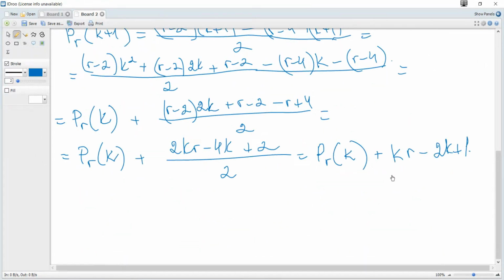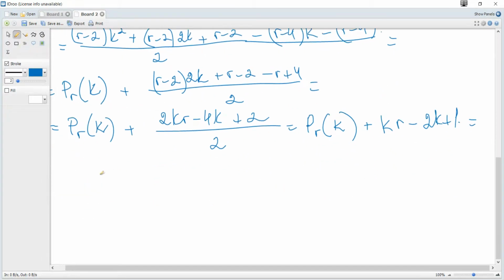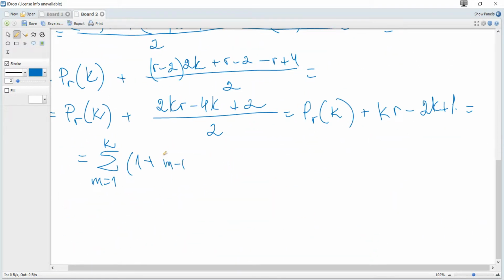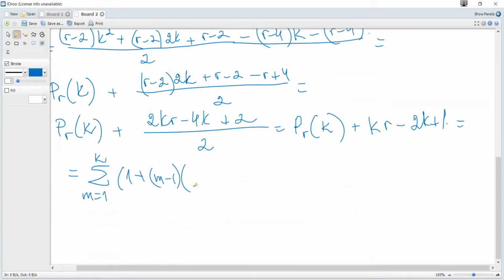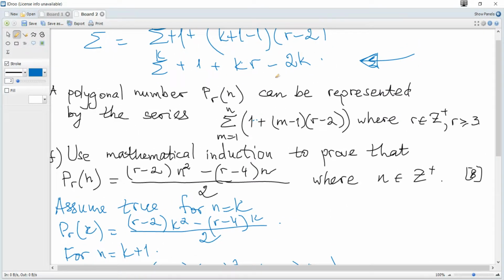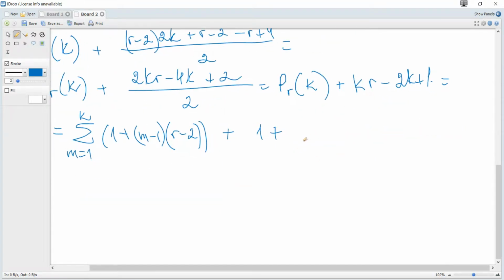And now let's compare with our result. So it's the sum up to k, Pr of k, the sum for m from 1 to k of 1 plus (m minus 1)(r minus 2), and plus 1 plus kr minus 2k, and we can see that it's the term corresponding to k plus 1.